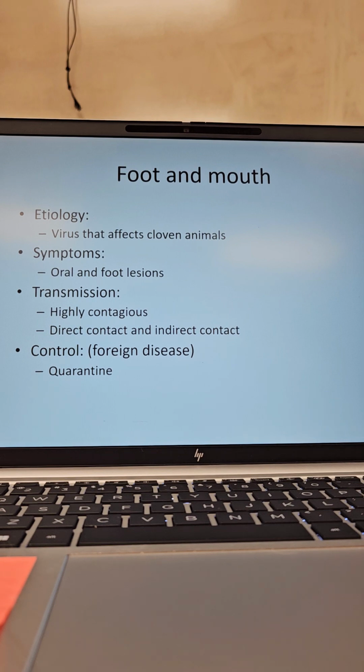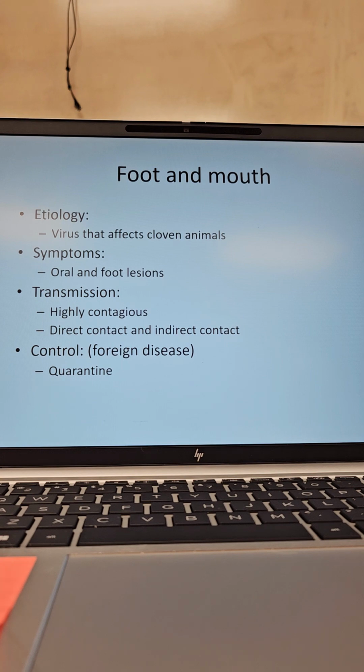Next disease is foot and mouth disease. This is a virus that affects cloven animals. Cloven animals means hoofed, two hoofs. Symptoms, you have oral and foot lesions, which is why we call it foot and mouth disease. Transmission is very highly contagious.